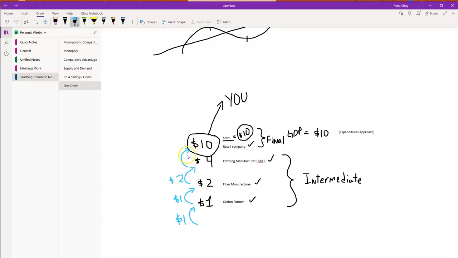And then the next person added $6 to the transaction. If you add the 1, the 1, the 2, and the 6, it also gives you 10. And this is what we call the value-added approach to calculating GDP. So we basically add everyone's income at all stages of the production.